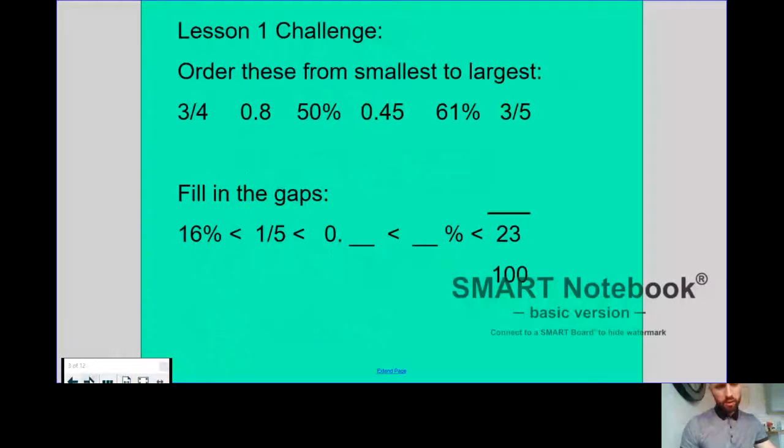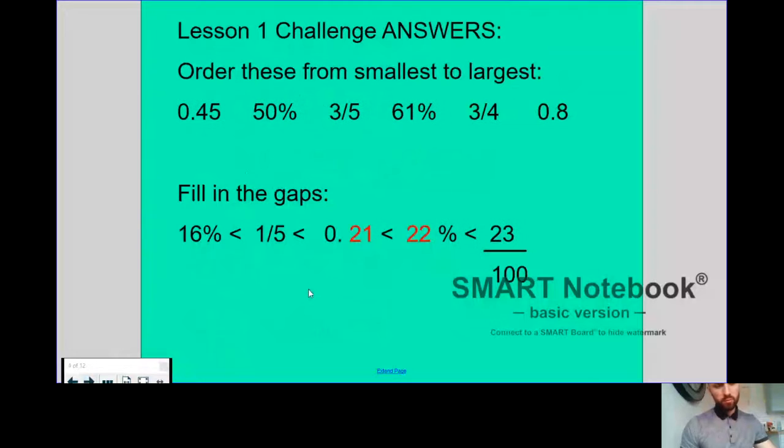Okay, so let's take a look at the answers. So we should have had 45/100, then it should have been 50%, because that would have been 50/100.